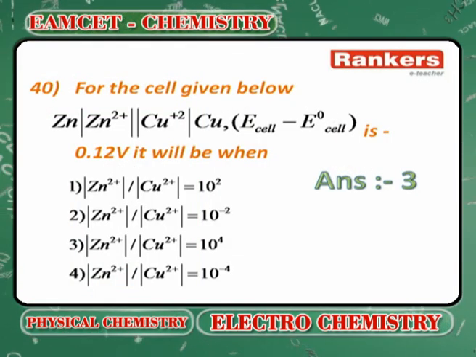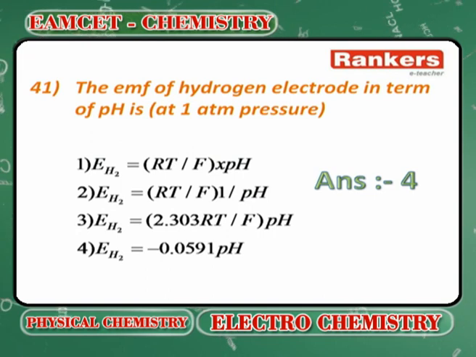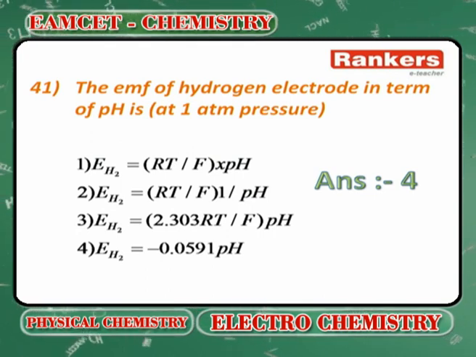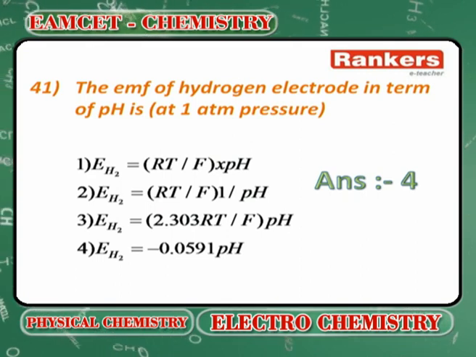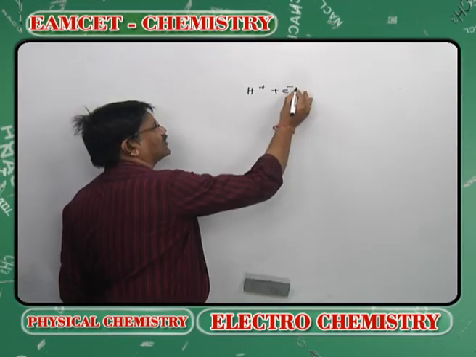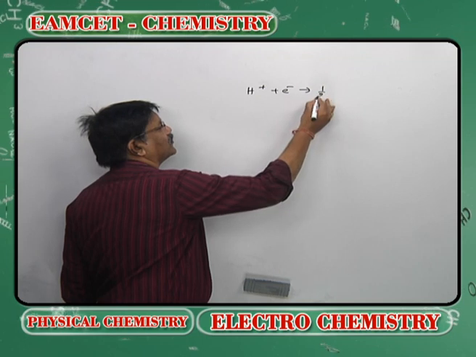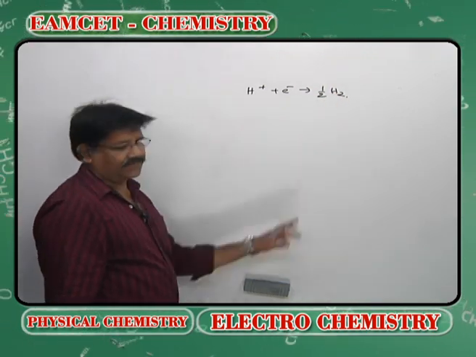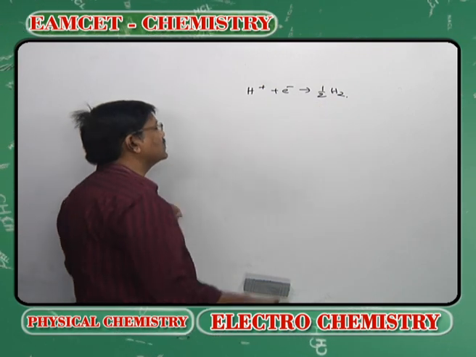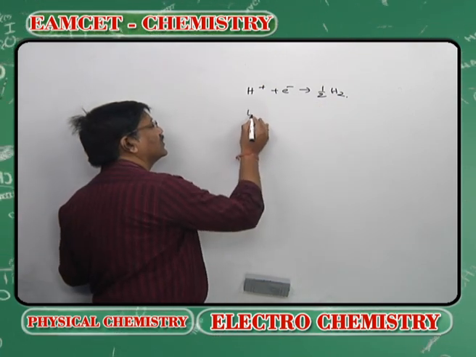Next one. Considering the reduction reaction of hydrogen, H plus plus electron gives us half of H2. Now what is the cell reaction here?